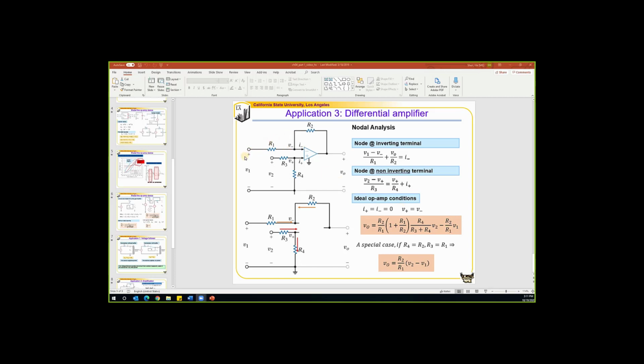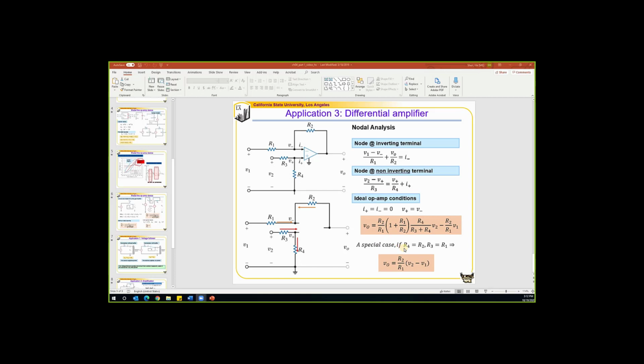The reason it has a negative sign is that it's connected to the inverting terminal, and there are two resistors connected there. The coefficient for V2 is positive because V2 is connected to the non-inverting terminal, and that coefficient depends on all these resistors.